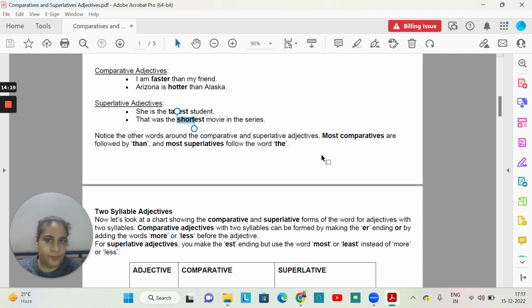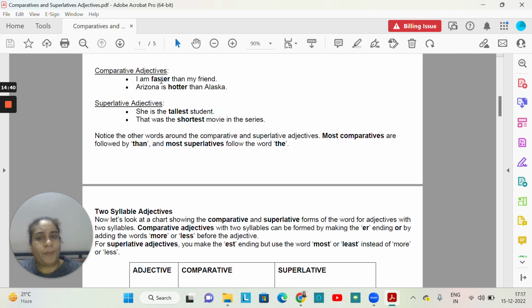This is it. Okay. Now you must have also noticed in the sentences above, in comparative and superlative, whenever we add a superlative adjective, it is followed by an article, the. Right?